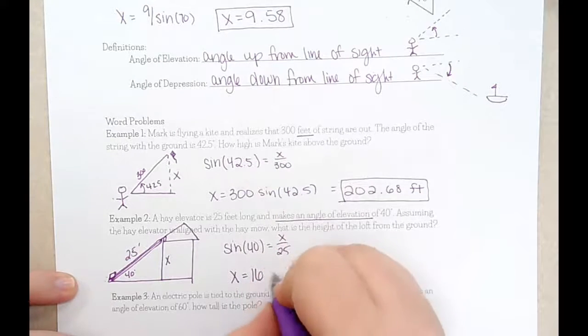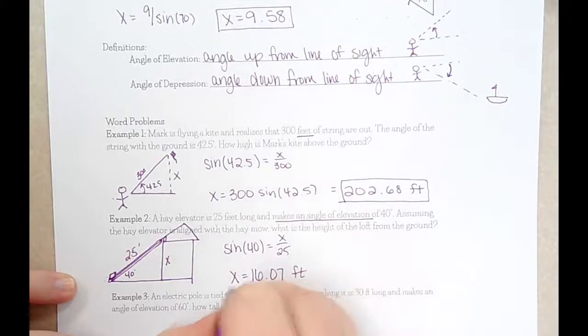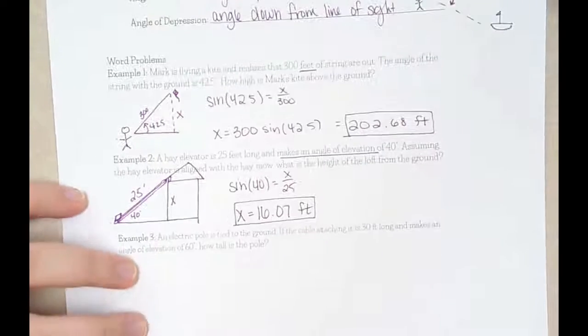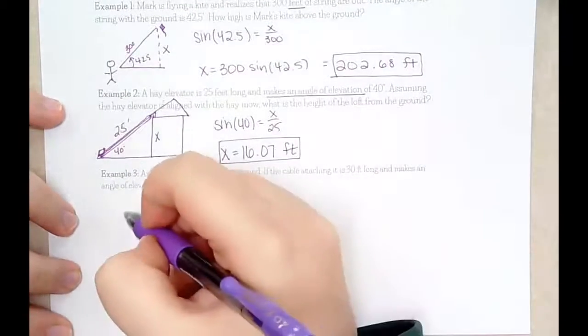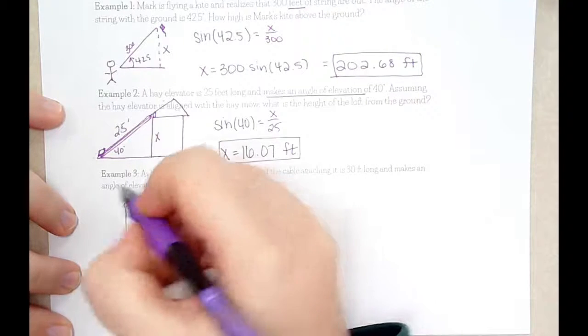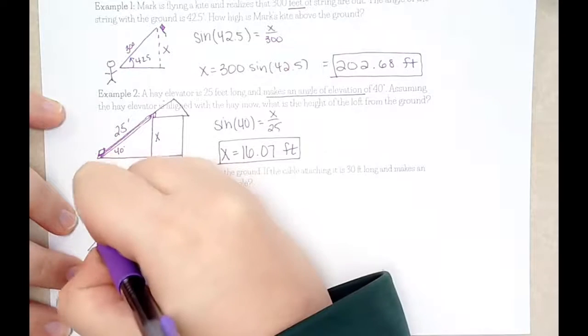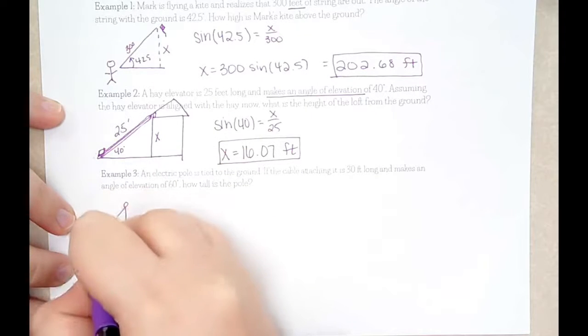All right, so last one. An electric pole is supported by a ground cable. Here's your cable attaching it. It is 30 feet long and makes an angle of elevation of 60 degrees. How tall is the pole? All right, sine of 60, opposite over hypotenuse.